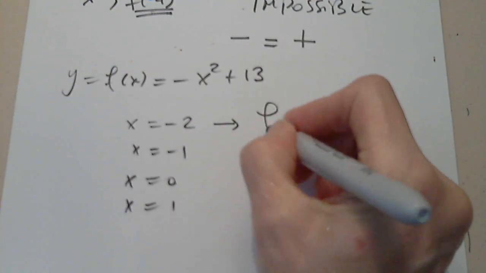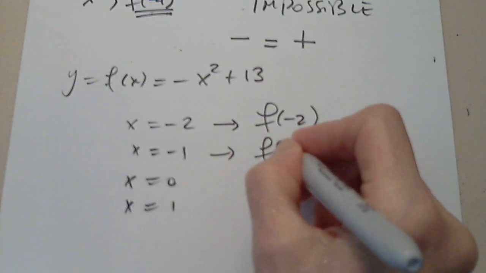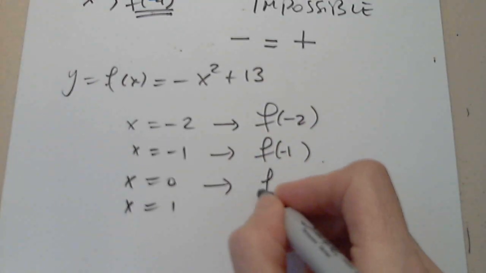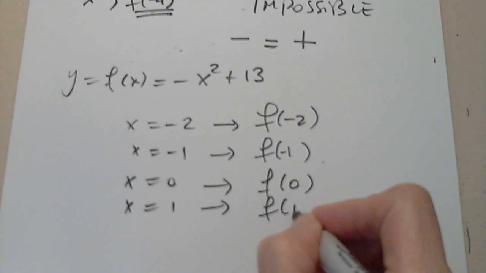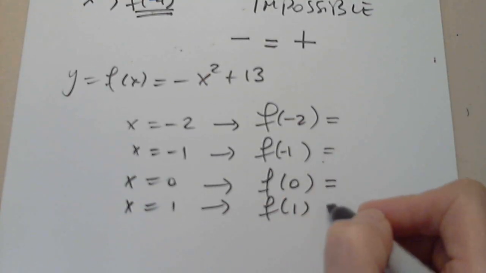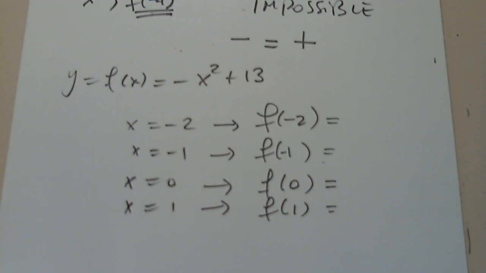So we need to determine f of -2, f of -1, f of 0 and f of 1. Can anyone give us any of these numbers? And then I'll explain.